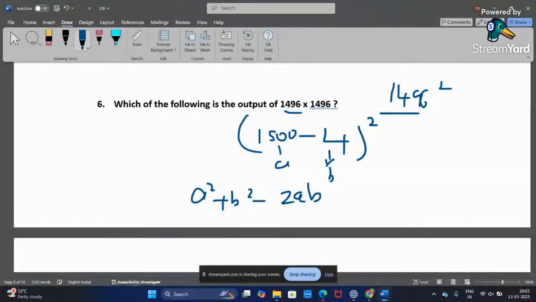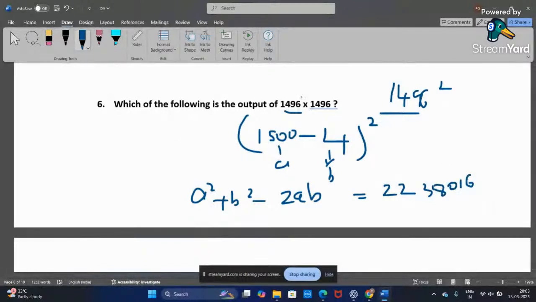Substitute the values and find the answer. You have to make this in the form of a minus b the whole square, then write the formula of a minus b the whole square and substitute the values. So the answer will be 2238016.